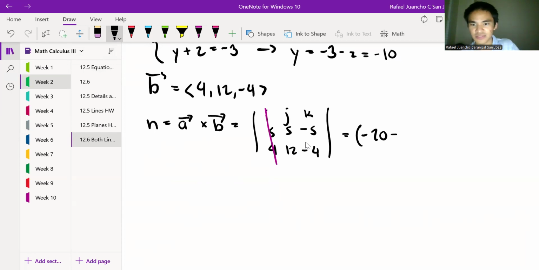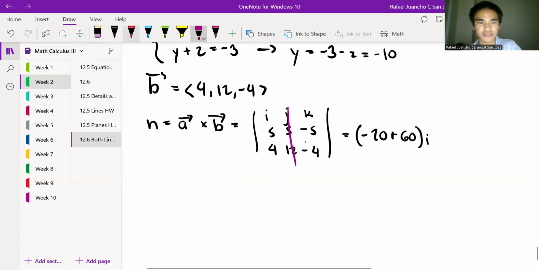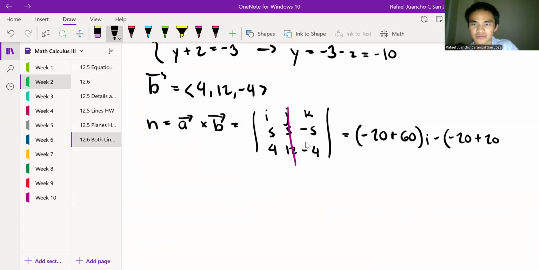Minus 60 says plus 60, I. Now we take out the j's. Minus 5 times negative 4 is negative 20. This is plus 20, right? Because minus 20. So we get that for j.